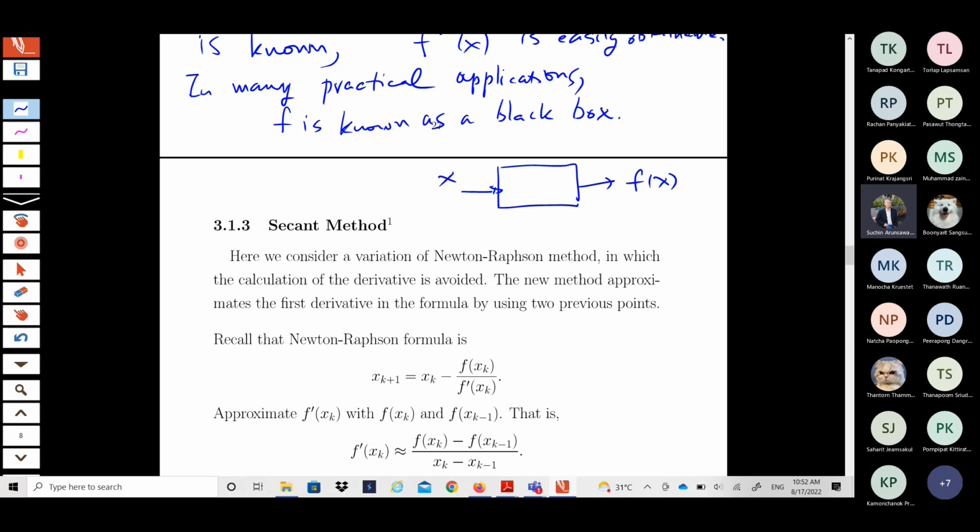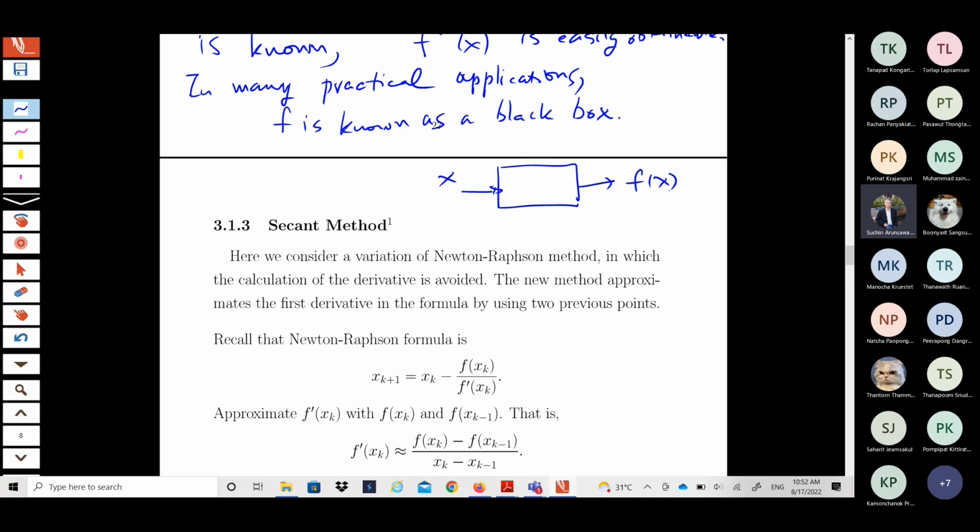In load flow analysis, we form the network equations, and once we know the vector x, then we compute f of x, right? So in this situation, we do not have an analytical expression of the function f. To compute f prime, we need to apply some approximation.